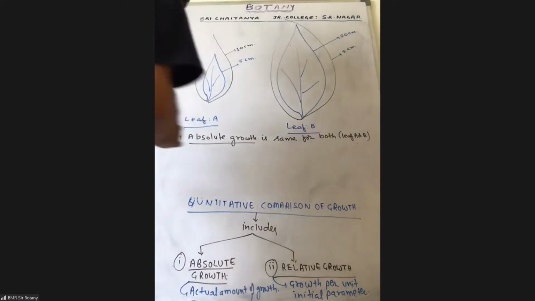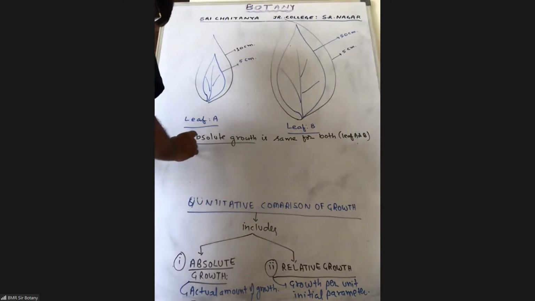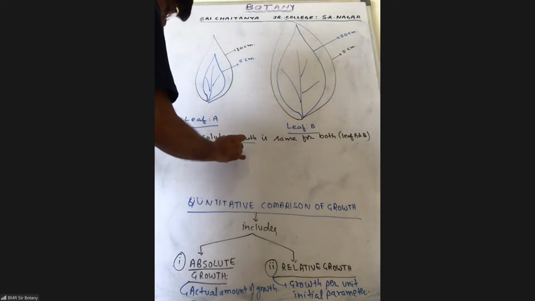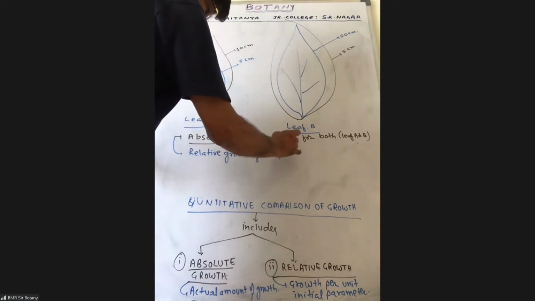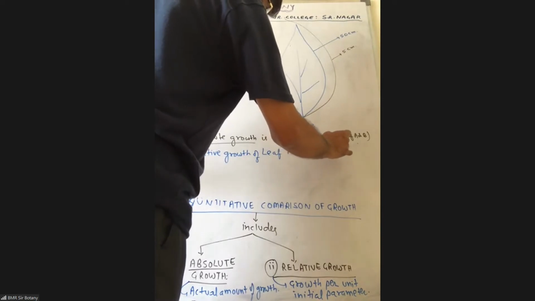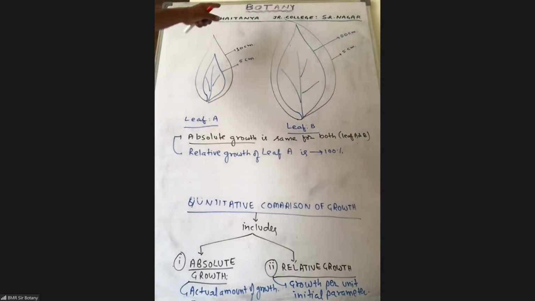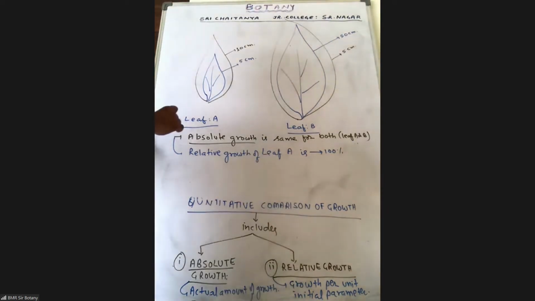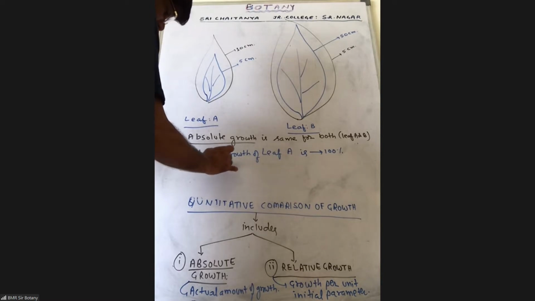Absolute growth is the same. Then relative growth, do you take it as the same? No. Compared to the existing, relative growth of leaf A is calculated as 100%, 100 times more. 5 centimeters became 10 centimeters, so doubled. So we take it as 100%.